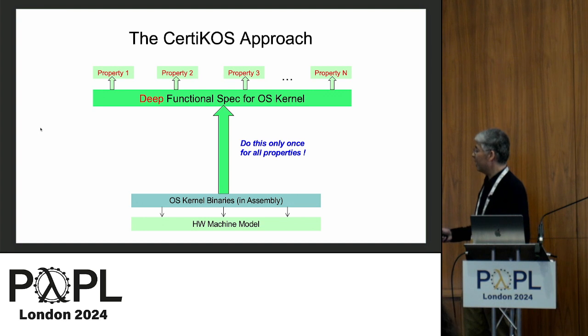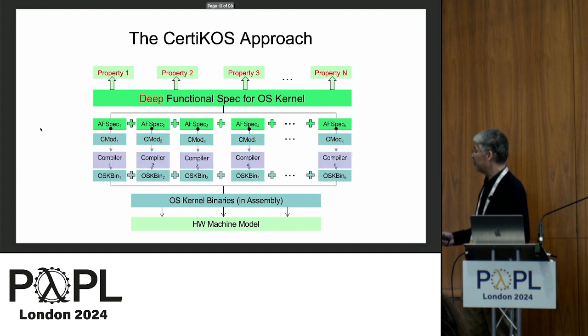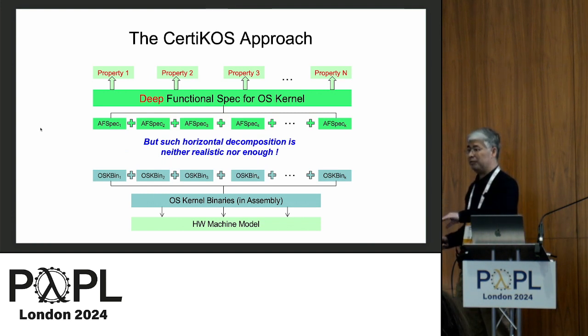And of course, you can't do this for the kernel monolithically. So you divide it into many smaller C modules, then you write a compiler, use the CompCert compiler, compile them to binaries, and then try to link them together. This is also too naive because we can't just divide the kernel code horizontally into different modules.